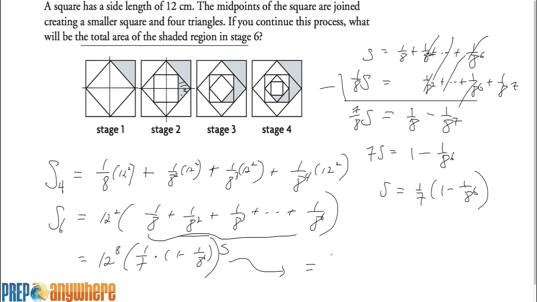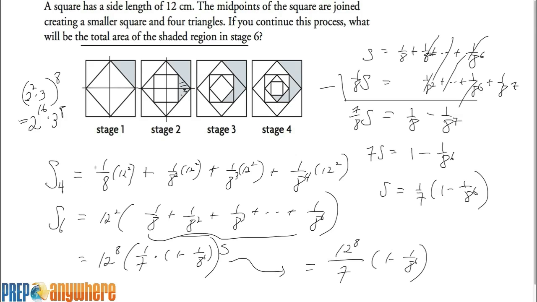I'm just going to write it as 12 to the power of 8, 7, 1 minus 1/8 to the power of 6. 12 is 2 squared times 3. So that's 2 to the power of 16, 3 to the power of 8.